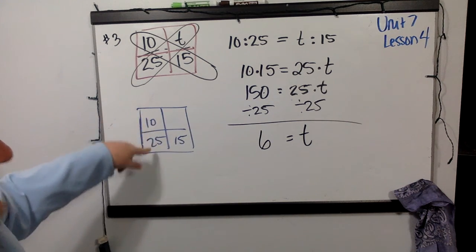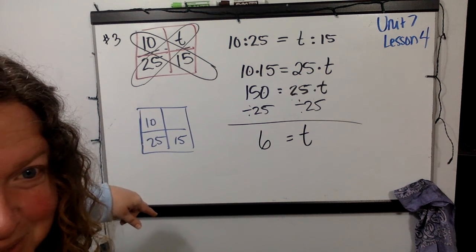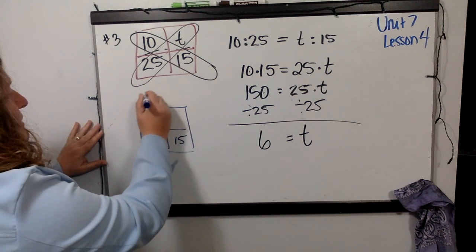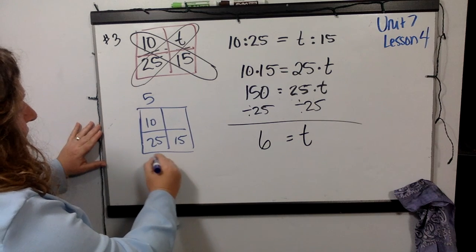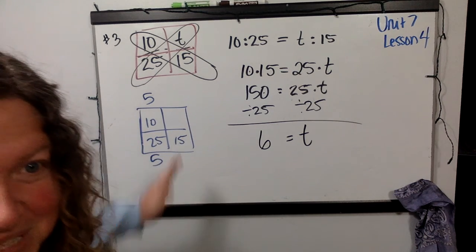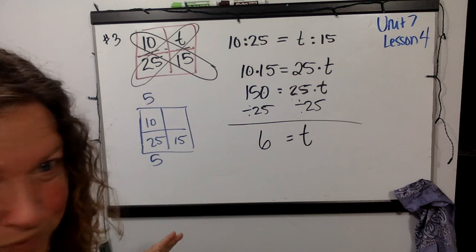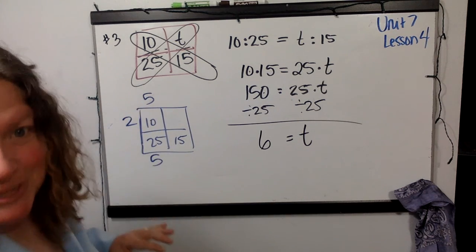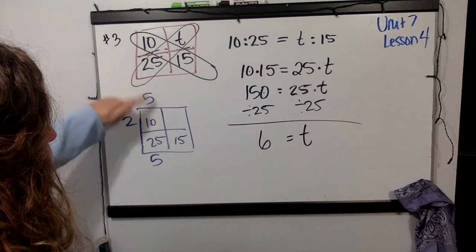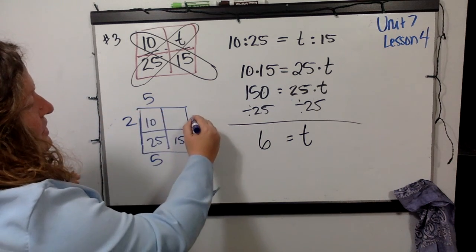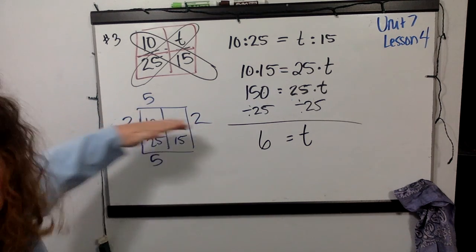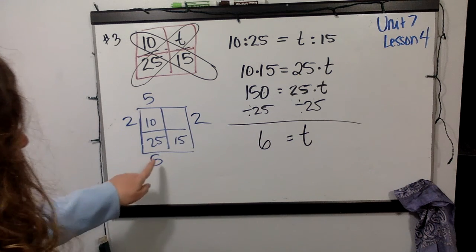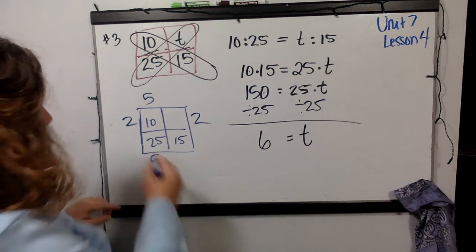All right, what's a common factor between 10 and 25? Well, you probably said 5. And I did too. Remember, if it's in the 5 column, it's in the whole 5 column, up and down. 5 times something is 10. Well, I know that's 2. So where 5 and 2 cross is 10, if it's in the 2 row, I know that part's in the 2 row as well. 5 times something is 25.